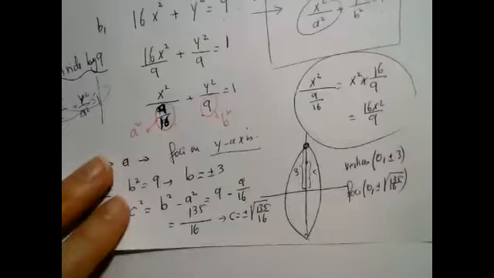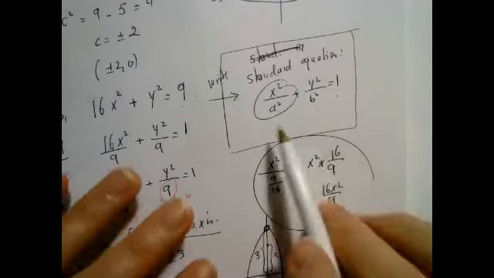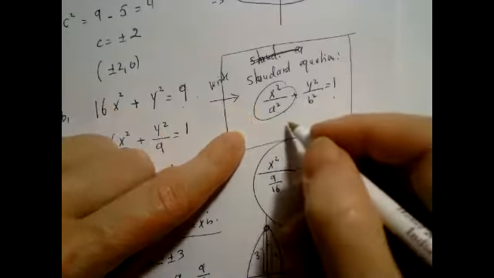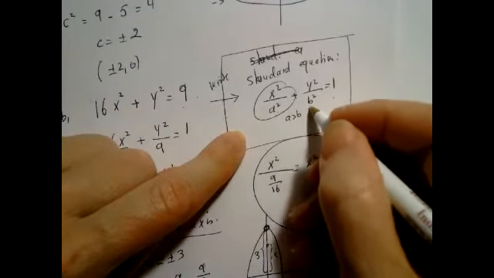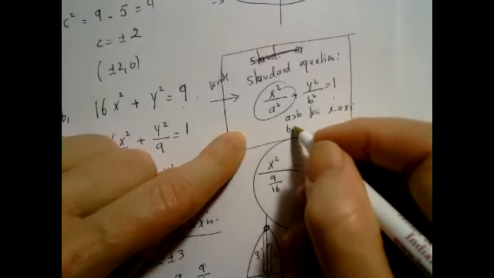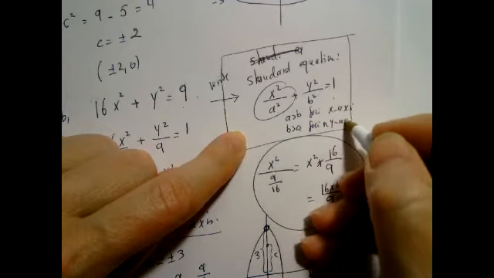And as I was telling your classmate, whether it's on the y or the x-axis, I write them in the same format: x squared over a squared plus y squared over b squared. Then a bigger than b, foci on the x-axis. B bigger than a, foci on the y-axis.